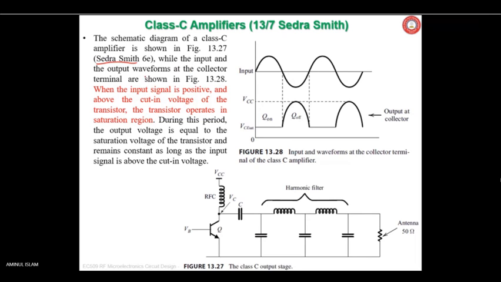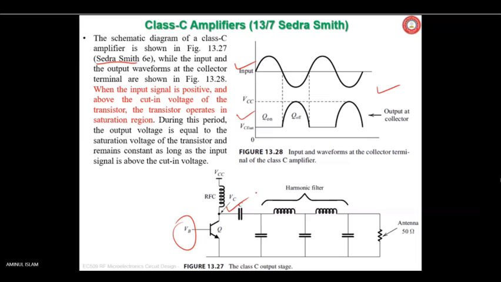The input and output waveforms are shown here. This is the input waveform applied at the base of the transistor, and the output waveform at the collector.